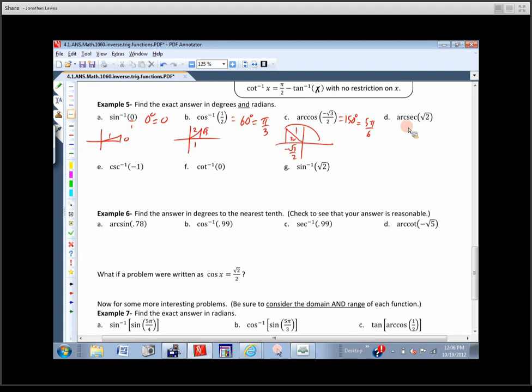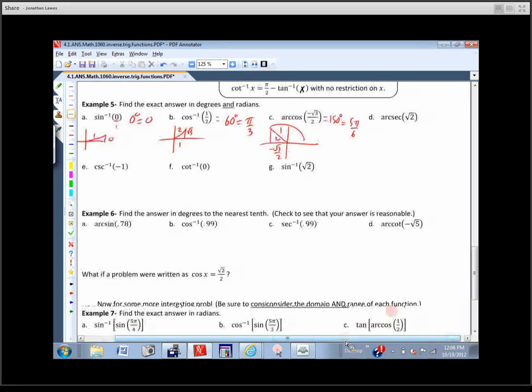Okay, are those easy enough, Molly? Sorry. Yeah. Megan? You can draw a picture for this, or you can use the identity and turn this into an inverse what? Inverse cosine, okay?